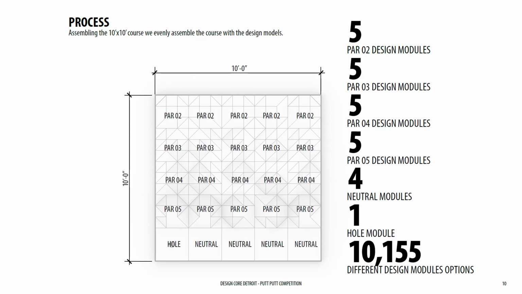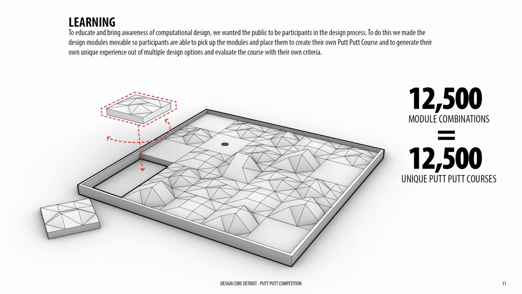With all those, we had about 10,155 different design options that someone can come up and use. We also expanded that: once we selected one of those, we had about 12,500 different options where we could pick up a panel and rotate it around. So it gave us even more options when a player is using it.